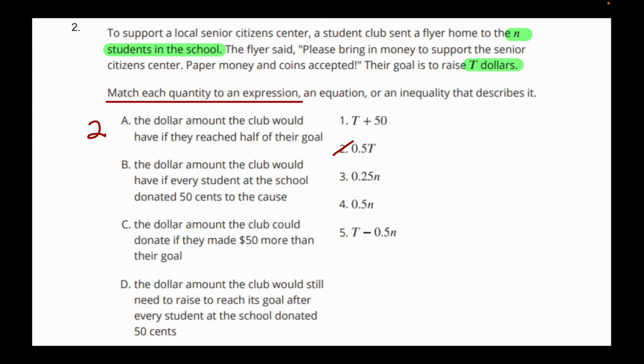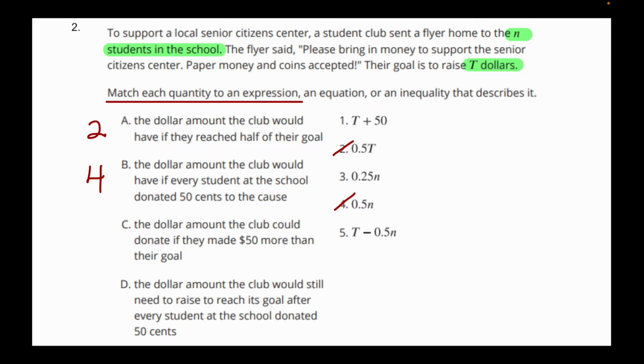The dollar amount they would have if every student donated 50 cents. So this would be the number of students, which is N, and then we would multiply that by the 50 cents. So that is going to be this one here, 50 cents multiplied by every student that is at the school. So number 4 goes with B.